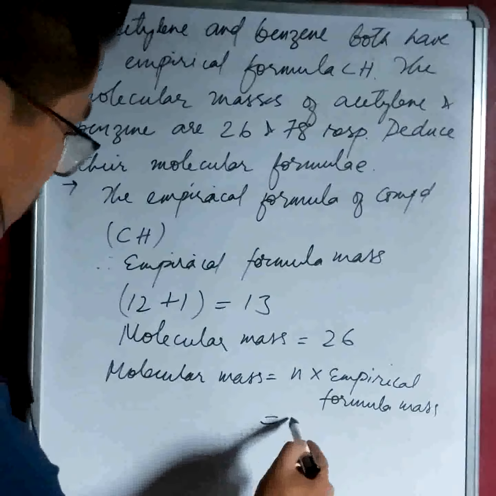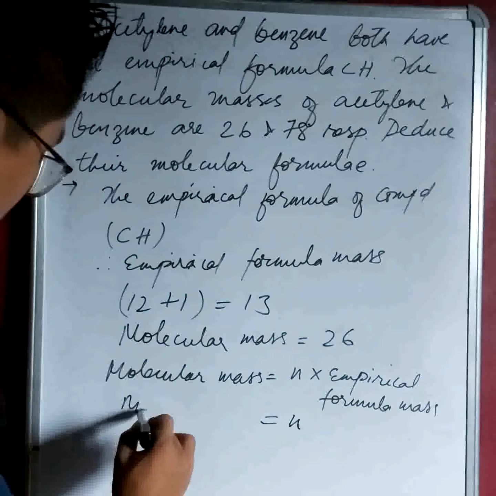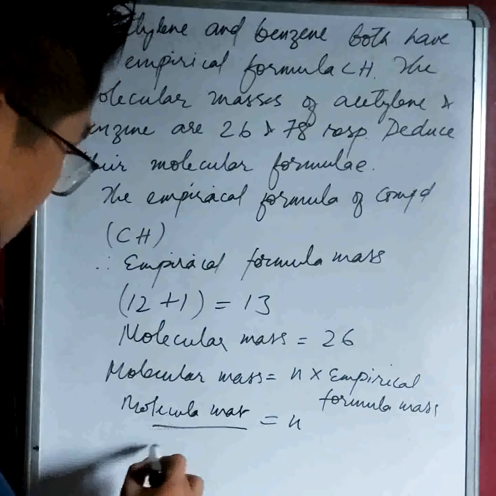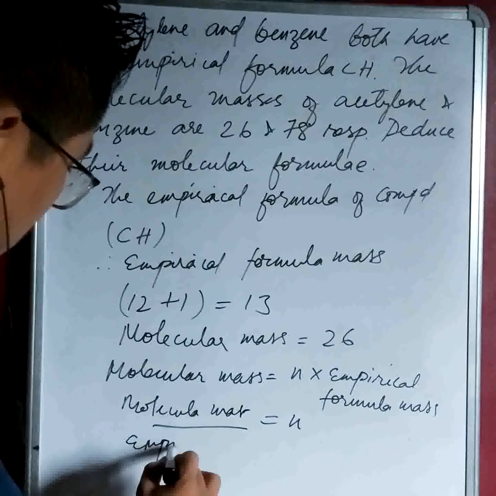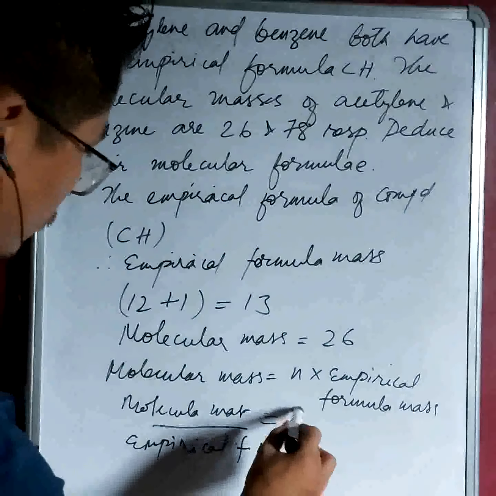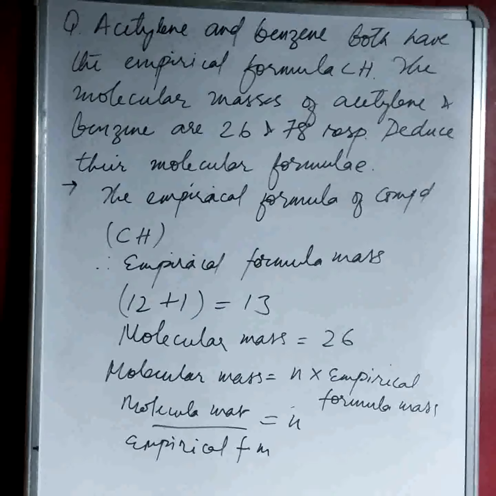So in order to know this unknown entity, we just have to divide the molecular mass over the empirical formula mass. Then we'll find this unknown entity. We'll apply the above equation.